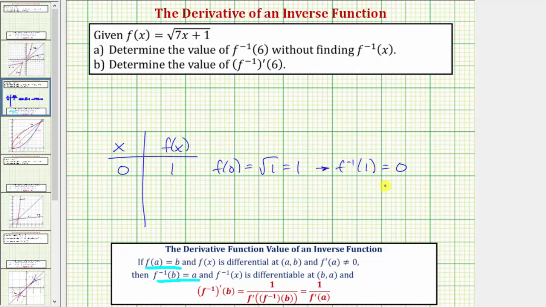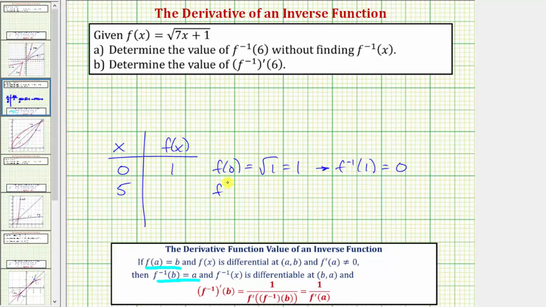But again, our goal is to find f inverse of 6. So we're looking for an x value where f of x would be equal to 6. We know the square root of 36 is equal to 6, so notice how if x equals 5, we'd have the square root of the quantity 7 times 5 plus 1, which would give us the square root of 36, which equals 6. So let's let x equal 5.